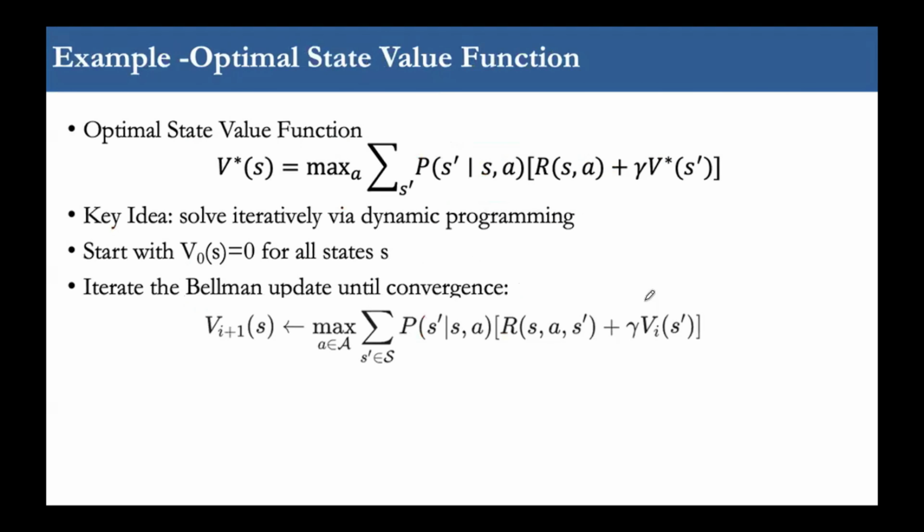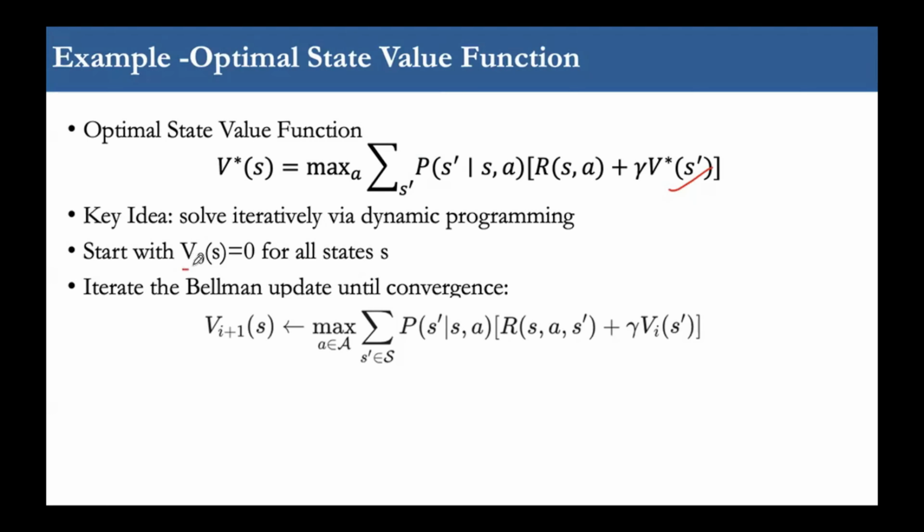Now we will see an example for the optimal state value function. This is the formula for the optimal state value function which we saw in the previous slide. So what is the key idea? The key idea is to solve iteratively via dynamic programming. From where will we start?